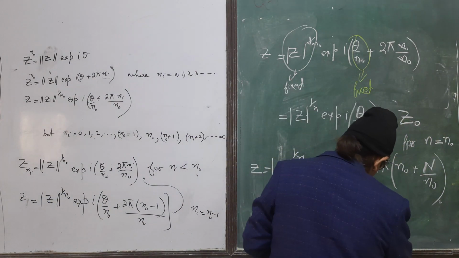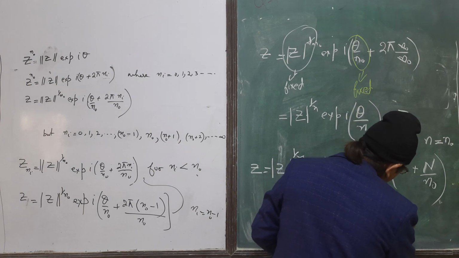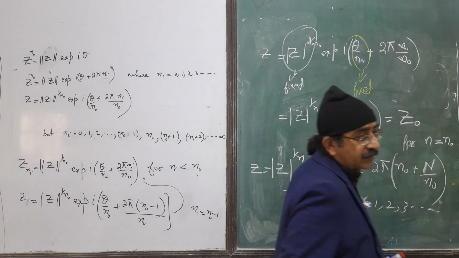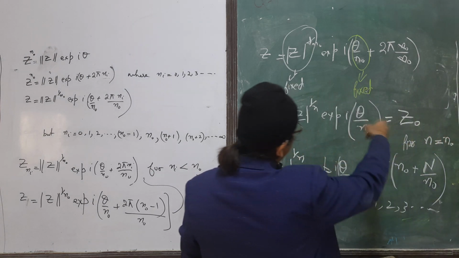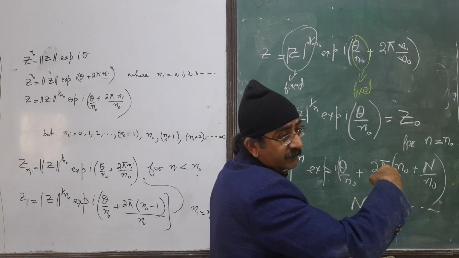n is 1, 2, 3. Now 0 will be excluded. N is a natural number. Again this will be repeated. Everything will be repeated.